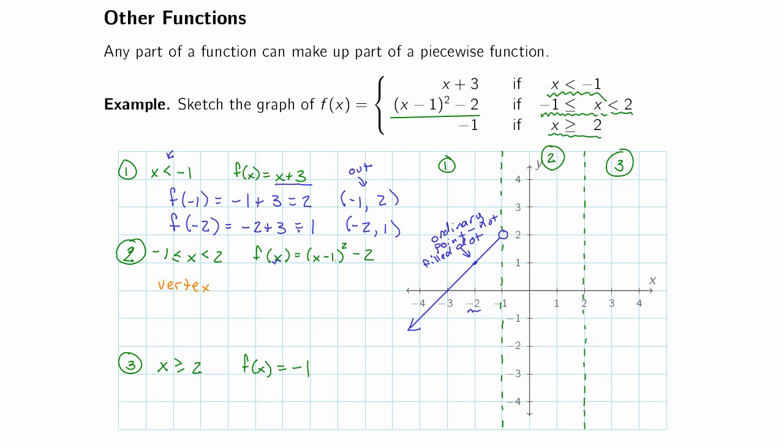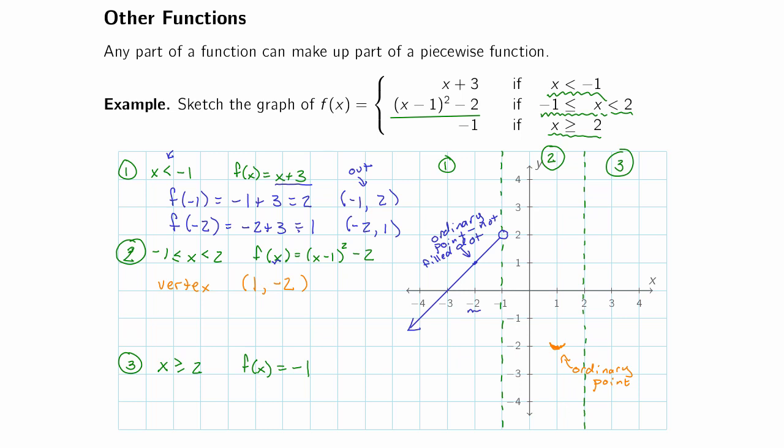My vertex here, I have x minus 1, so the x-coordinate of my vertex will be 1. And then I have minus 2 outside the parentheses, so the y-coordinate of my vertex will be negative 2. I'll put an ordinary point again at 1, negative 2. That's going to be the vertex of my parabola, which is going to open upward.